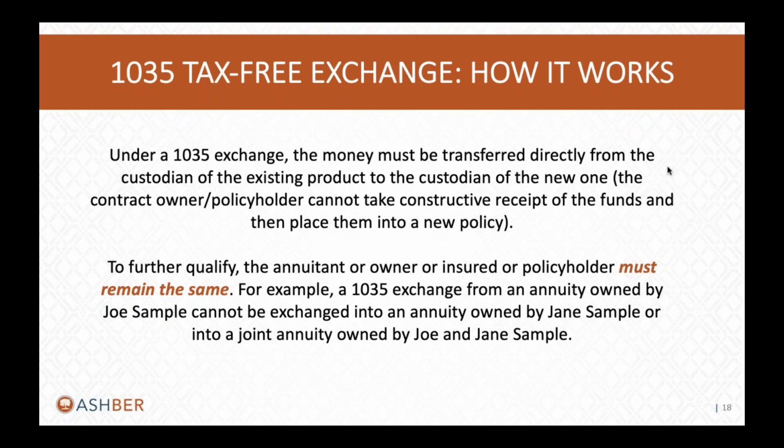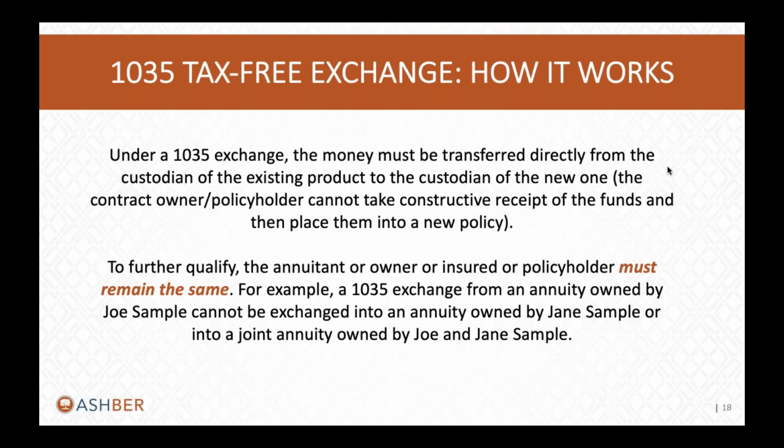existing annuity contract. Also, when we're doing a 1035 exchange, we have to look at who the existing owner and annuitant of the contract is, because the owner and the annuitant must remain the same when we do a 1035 exchange.